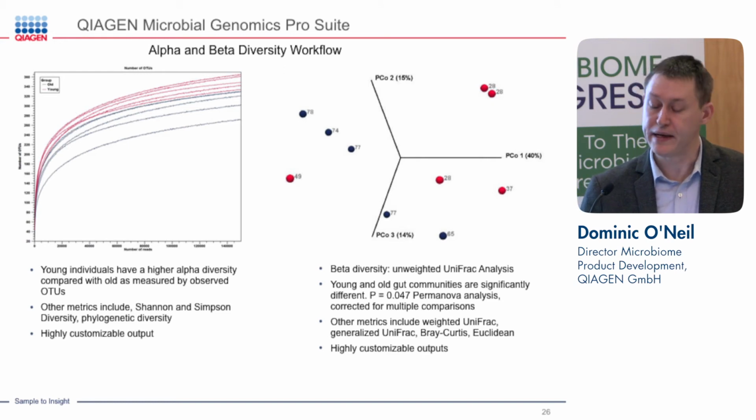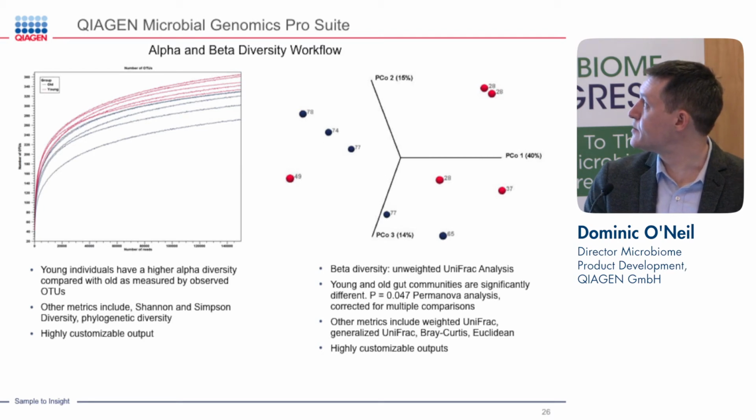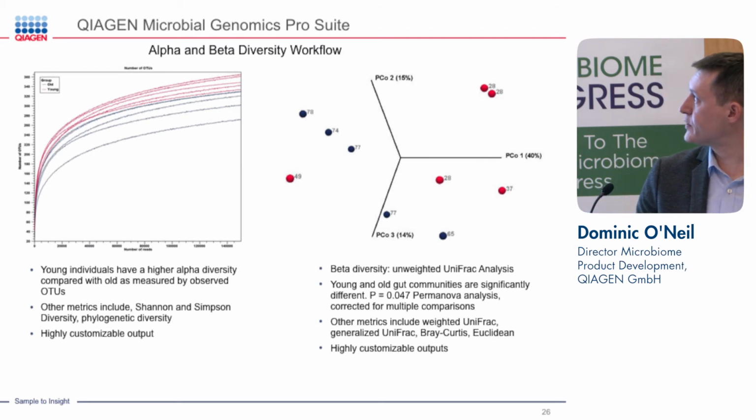If you're looking at beta diversity, this is distinctions between samples rather than within the sample. And here we have a fairly good clustering across the samples. We have the young samples clustering primarily along this principal component axis, the old samples clustering down over here. We have one young individual that clusters with the old ones.